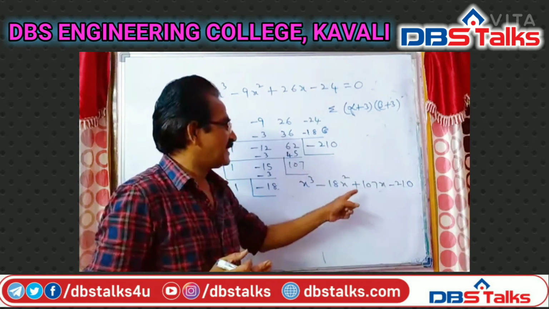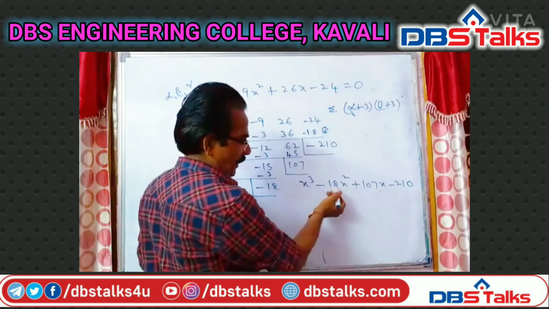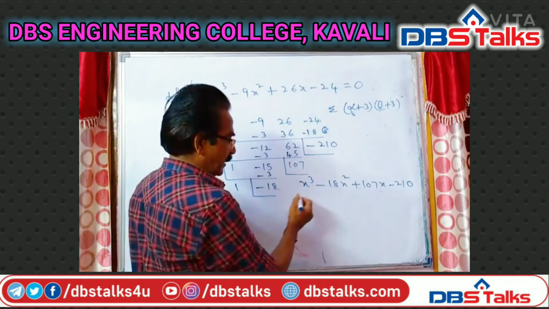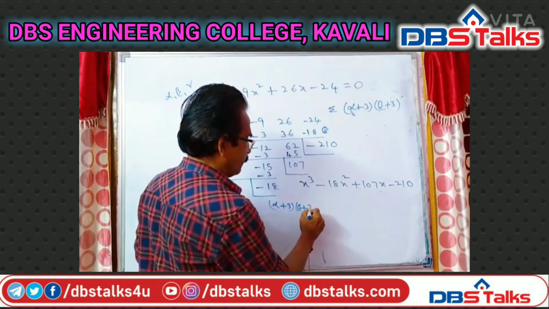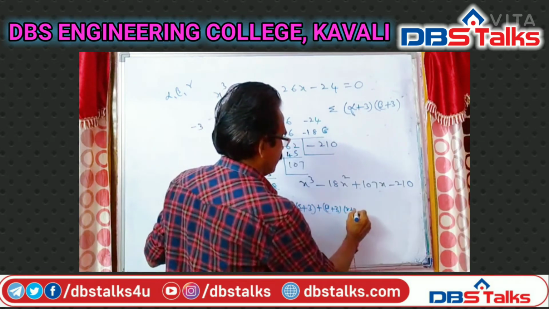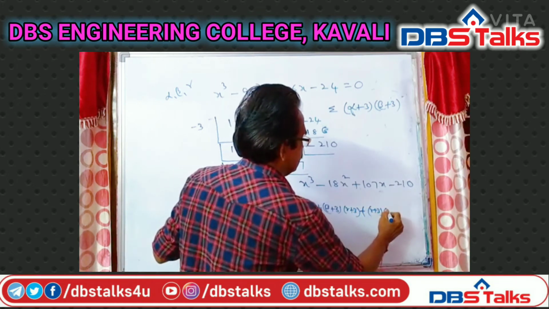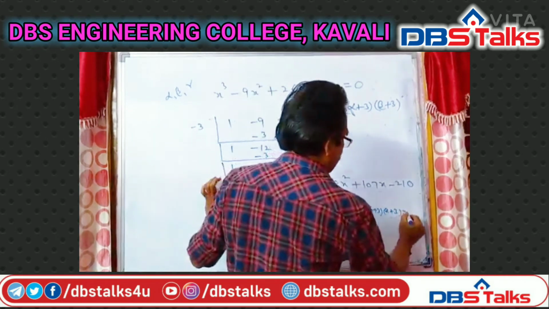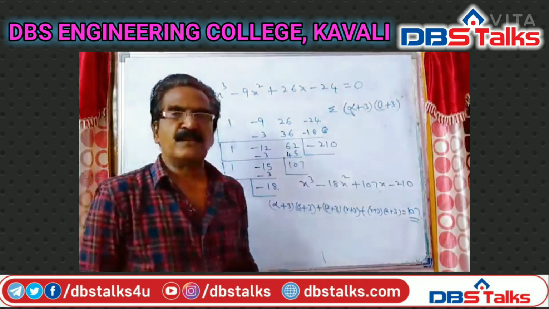That is C by A. Alpha plus beta plus gamma is equal to minus B by A. That is equal to C by A, 107 by 1. That is equal to 107. 107 is your answer friends.